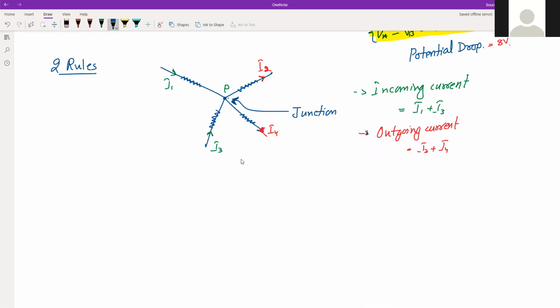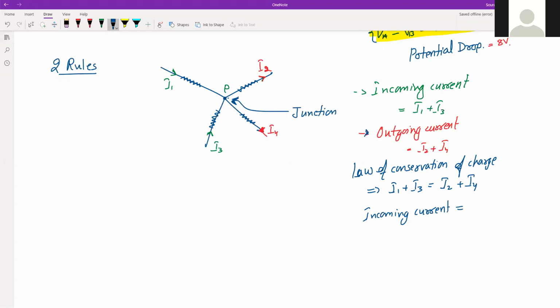There is something called the law of conservation of charge, and the same law holds true here as well. Due to that law, we conclude that I1 plus I3 is equal to I2 plus I4, or in short, total incoming current is equal to total outgoing current.